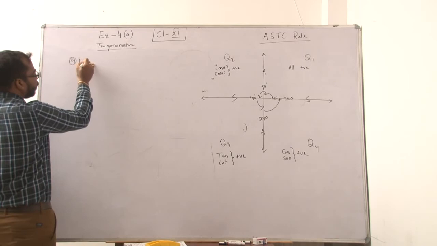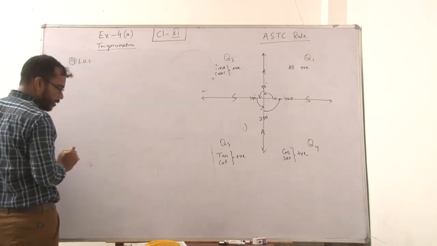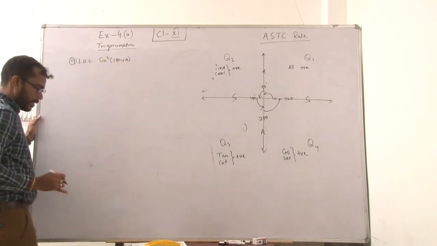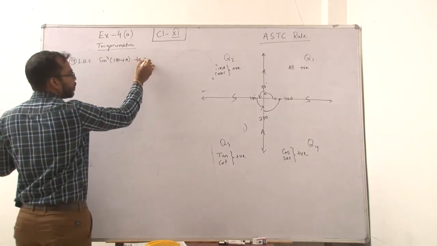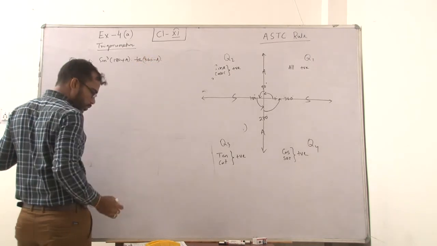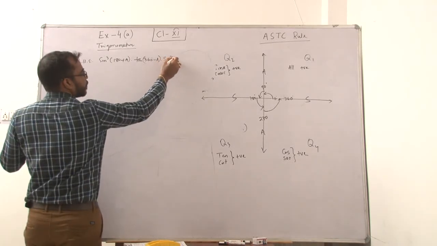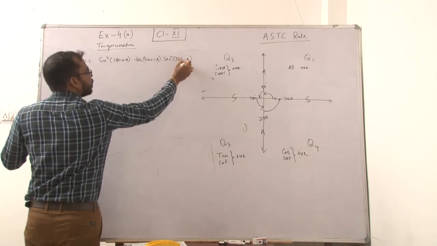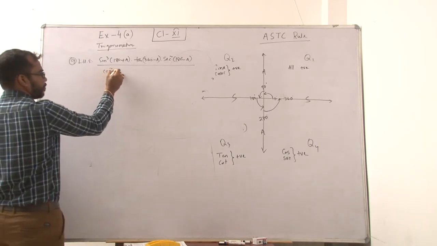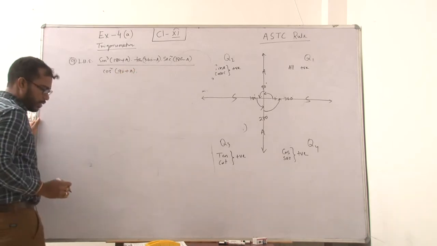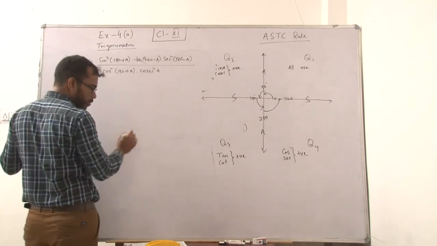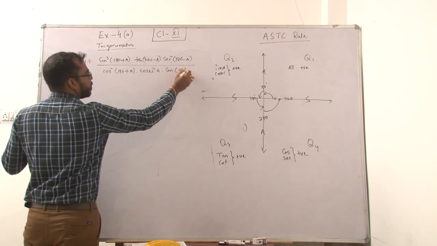So here we take the LHS first, and the LHS part is sin cube of 180 plus theta into tan of 360 degree minus a into sec square of 180 degree minus a divided by cos square of 90 degree plus a into cos square a into sin of 180 degree minus a.